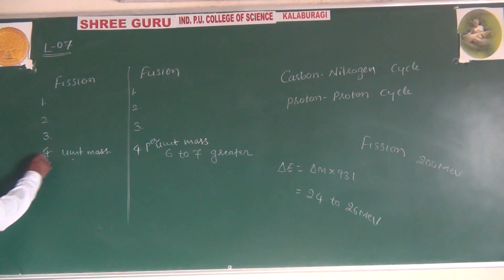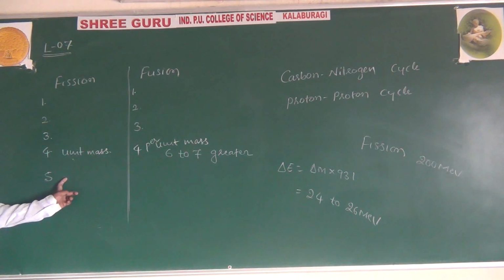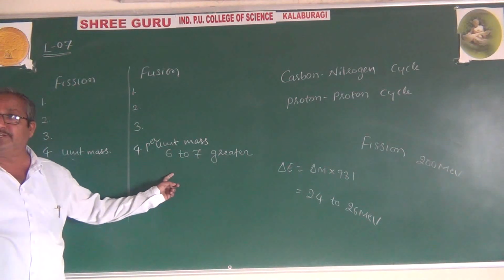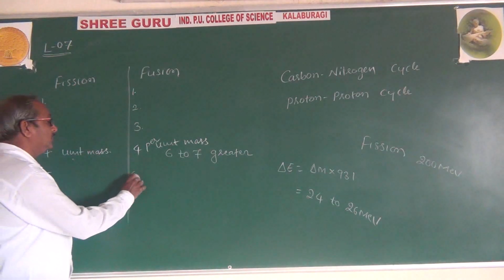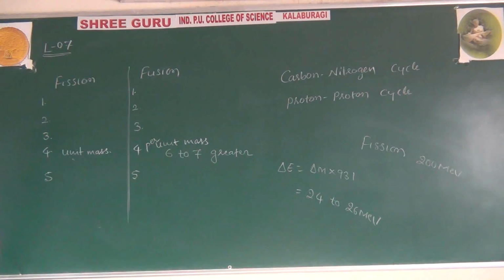The next one, fifth difference. Here in case of nuclear fission, the reaction is controlled because of the controlled chain reaction.